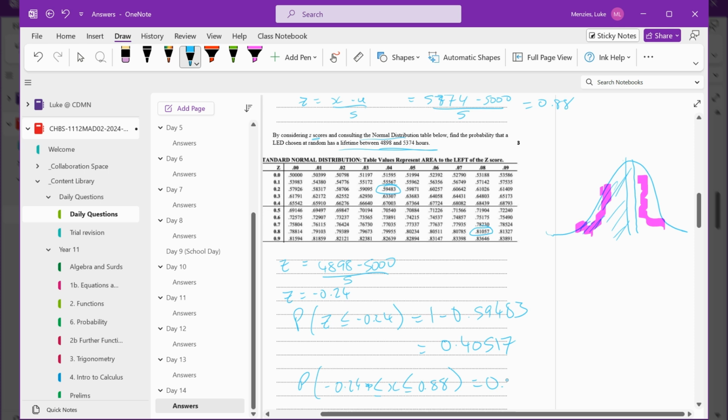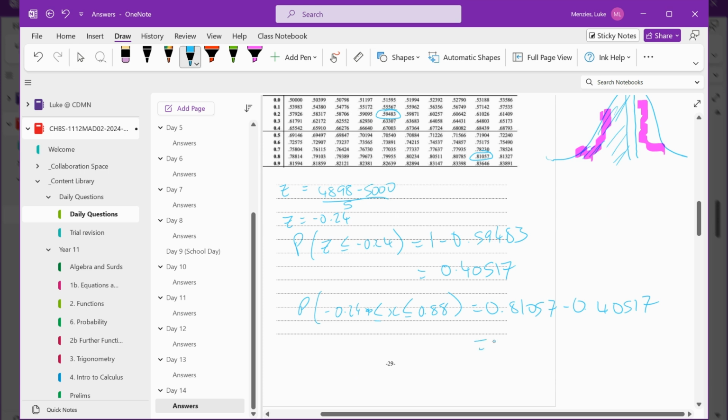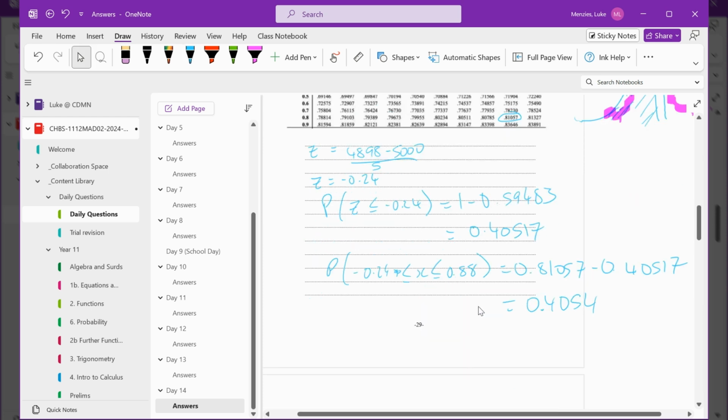So 0.81057 minus 0.40517. If you do that, you should get 0.4054. And that is what we're after.